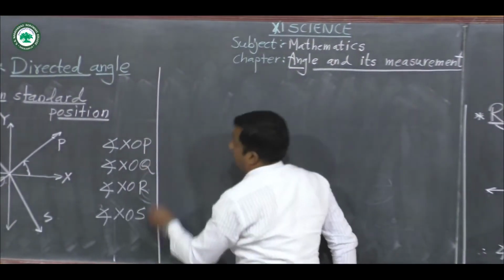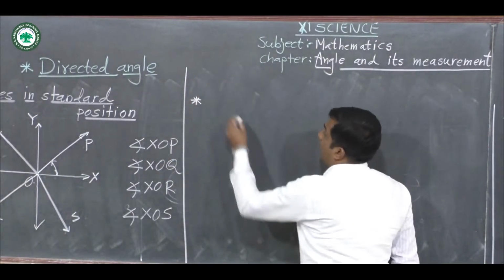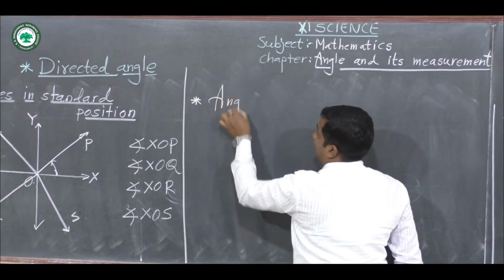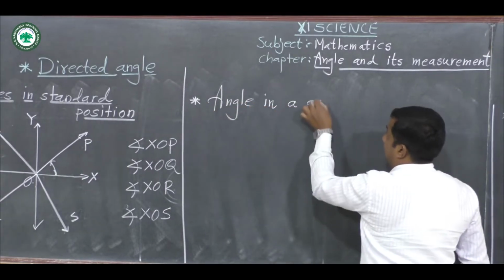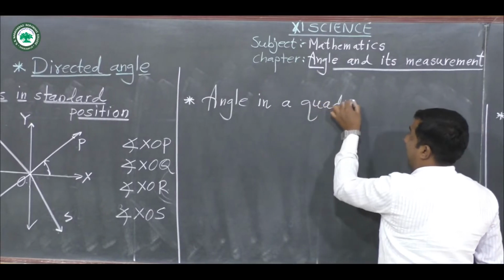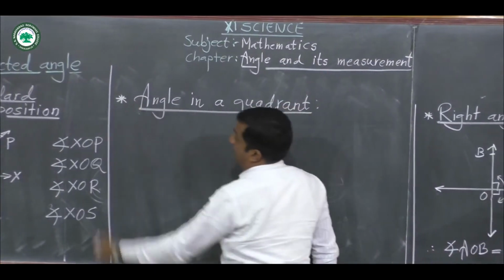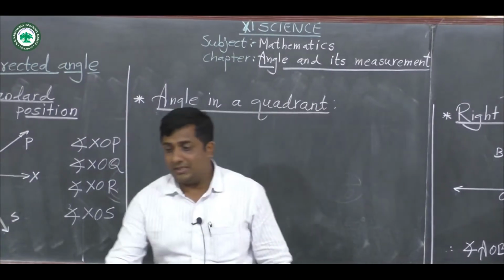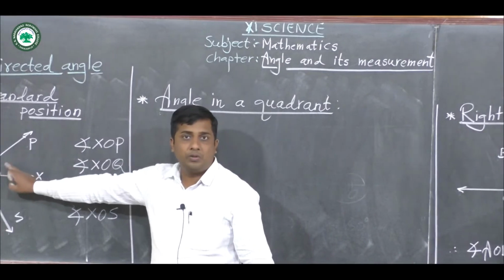Okay, now we go with our next definition. In that we consider angle in a quadrant. Again, to define this, we consider the same figure.